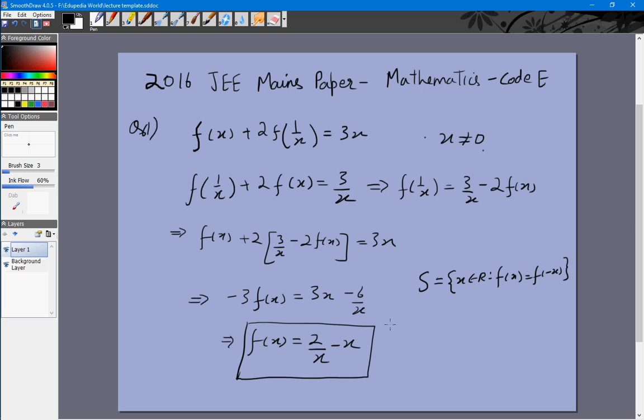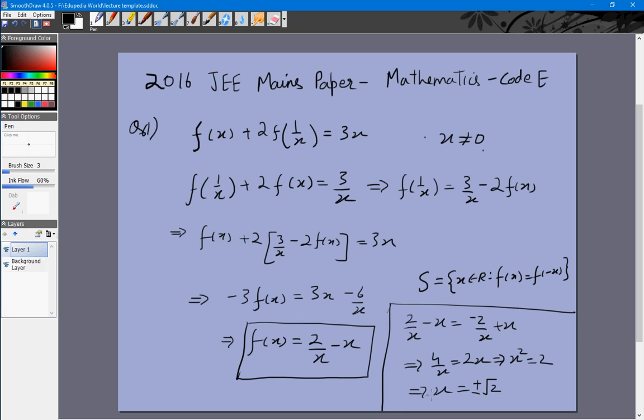F of x is equal to f of minus x will give me 2 by x minus x is equal to minus 2 by x plus x, which gives me 4 by x is equal to 2x, or x square is equal to 2, or x is equal to plus minus root 2. So we see that there are indeed two solutions, which means the answer will be option 3.